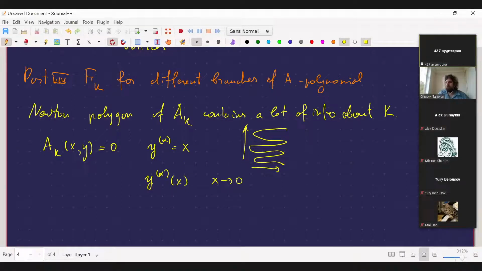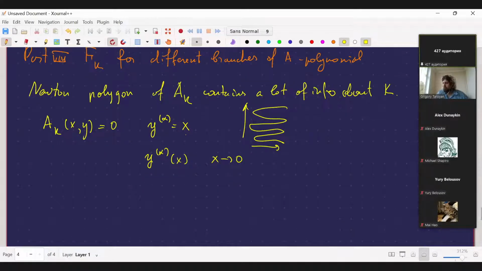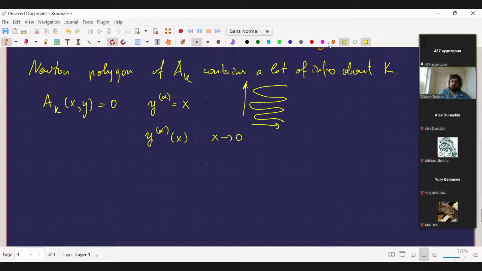So we consider a Newton polygon for a polynomial. Let me draw an example.